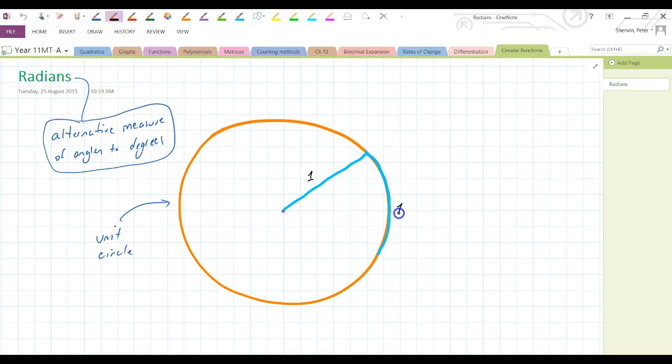And I reckon that's about it there, isn't it? All right, close off this sector now, and what we've created at the center here is an angle of 1 radian.